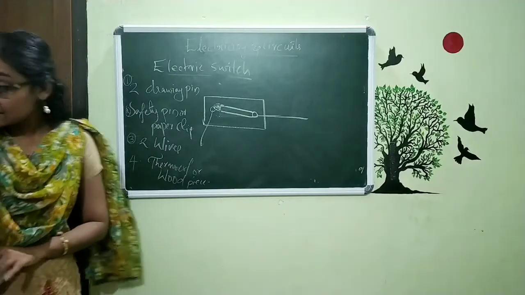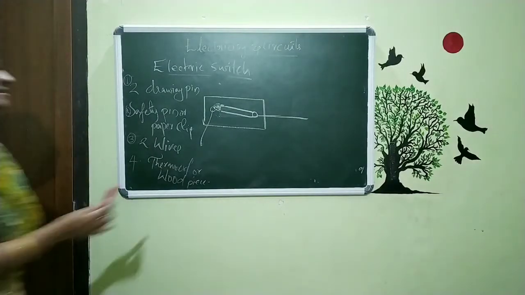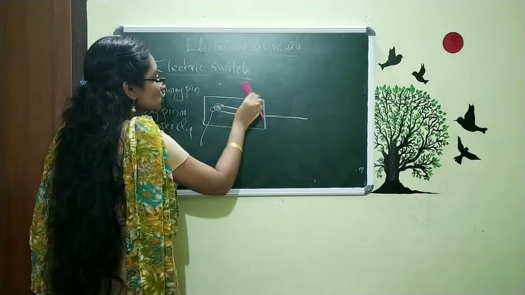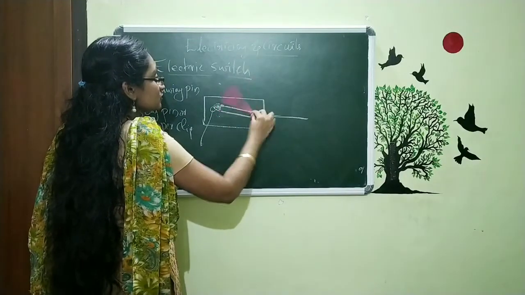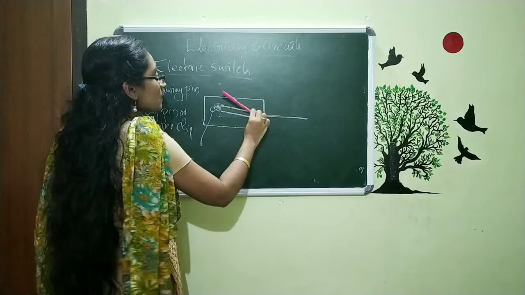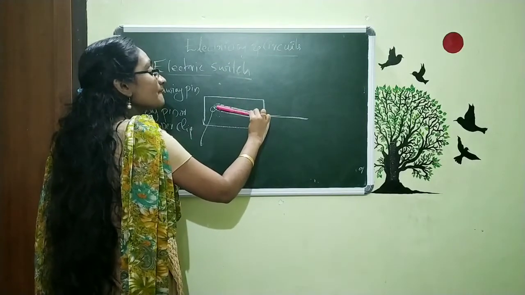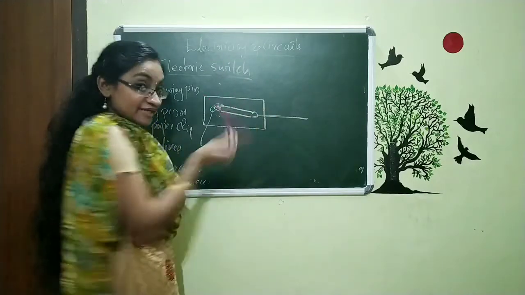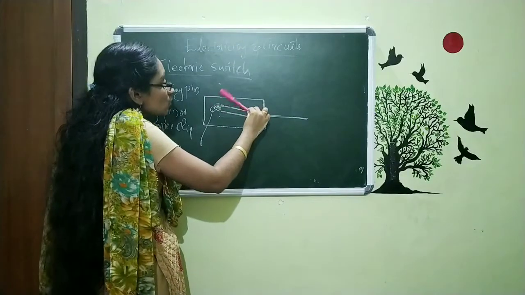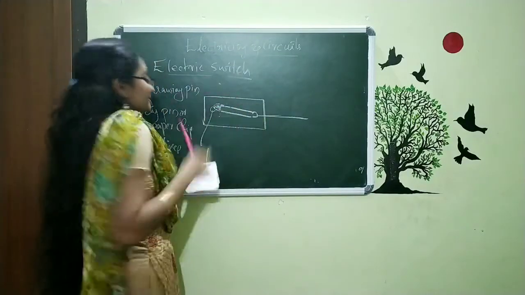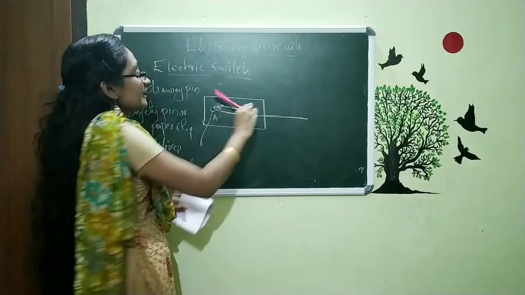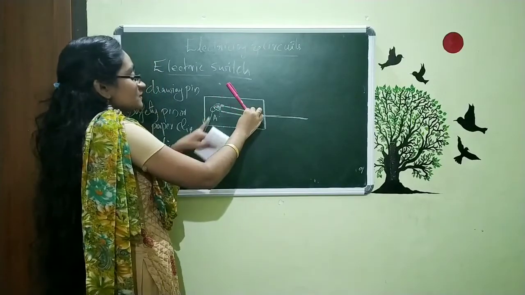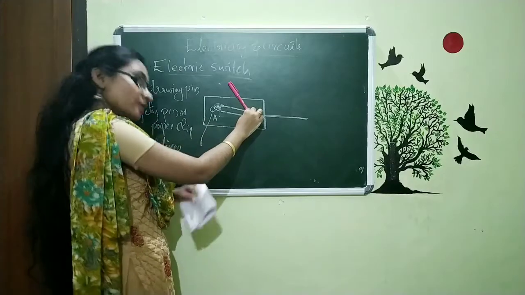And the thing is this: here the pin is free to move. That means I can move this pin from one point to another. When I need to open this, that means when I need to break the circuit, I just move this pin away from this point. I am calling this pin A. When I move this pin away from point A, our circuit will be open.